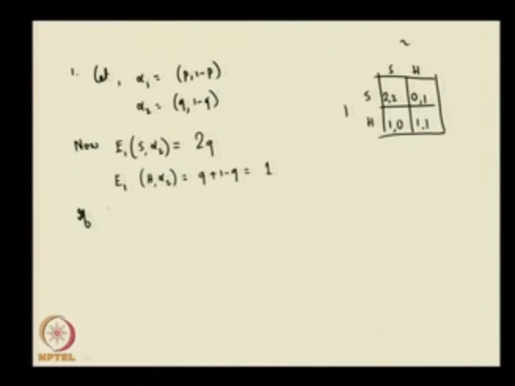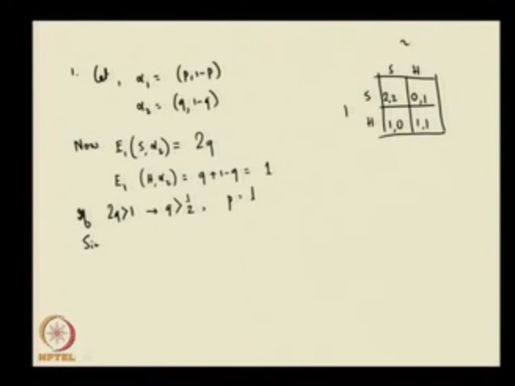So, if 2q is greater than 1, which means q is greater than half, the expected payoff from S is greater than the expected payoff from H. So, in that case S will be played with certainty, which means p is equal to 1.